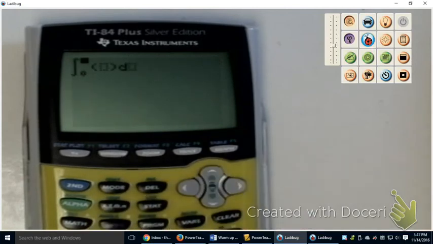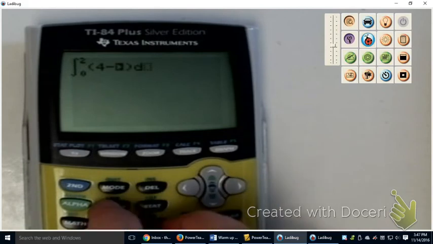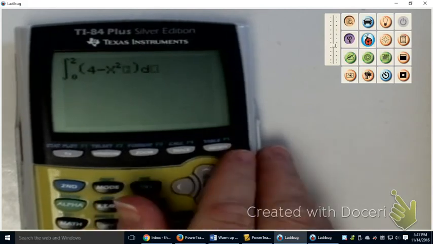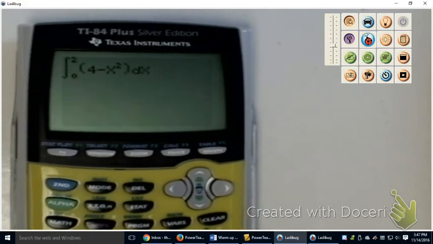We're going to go 0 to 2. You could put y1 right there because that y1 is what you have in y1, or you could just put the equation. You have to put an x there to tell it the x is the variable. Press enter, and it will give it to us there as well.